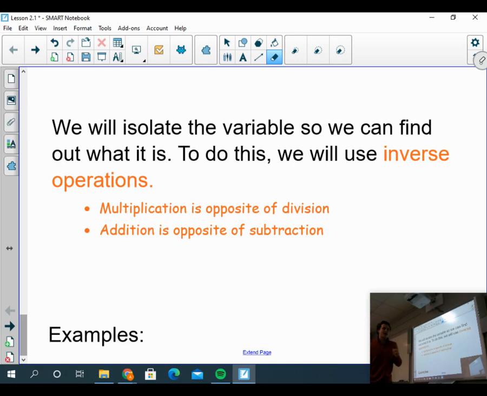If you have 5 apples and I give you 3, but then take away 3, you can see how adding 3 and subtracting 3 are opposites. They counteract one another. Okay, inverse operations. It's when you either multiply to cancel out dividing or subtract to cancel out addition, whatever you may have.